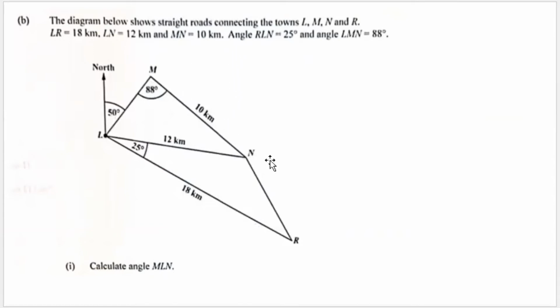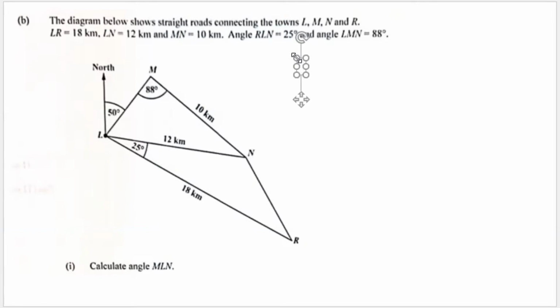And angle RLN is equal to 25 degrees, and angle LMN is equal to 88 degrees. And it says calculate angle MLN. So what we're going to do, basically, as we all make mistakes.